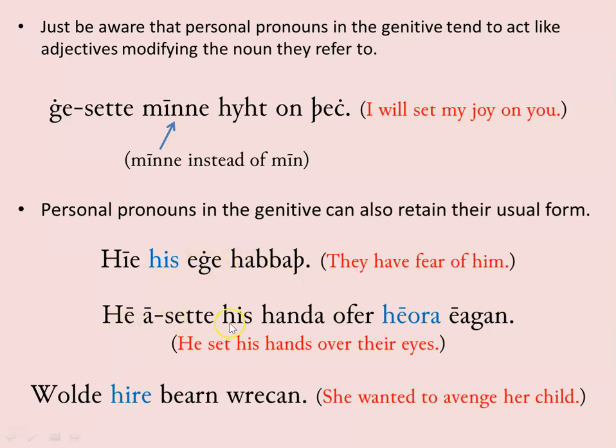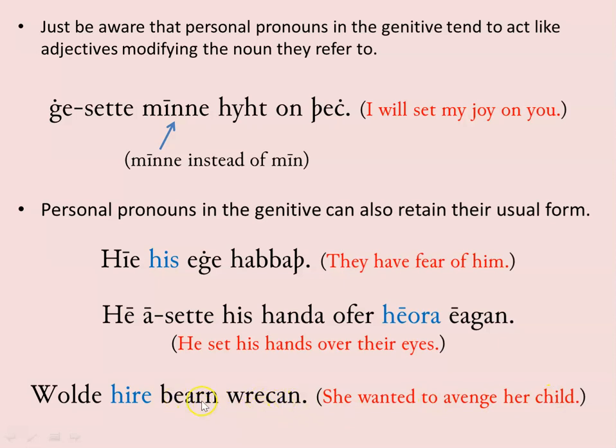All right. He asete his handa over heor echan. He set his hands over their eyes. Walde hier bern reckon. She wanted to avenge her child.